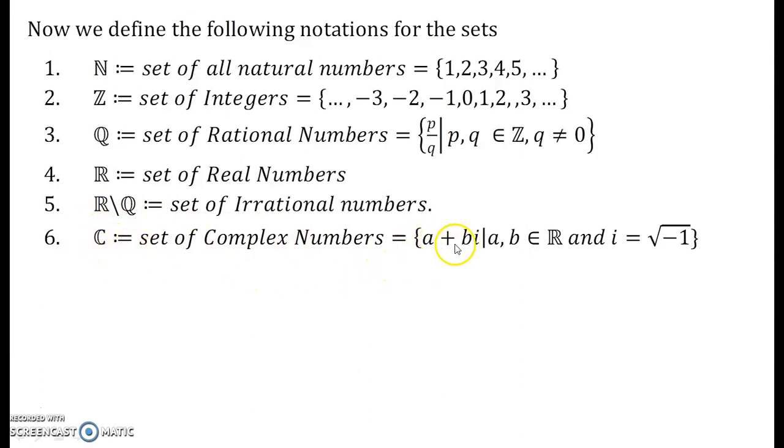Now if you observe, for the set of complex numbers also, we have the set builder notation over here. a plus bi is the form of the elements. What are the features of the elements a plus bi? a and b are real, and i is nothing but the square root of minus 1.